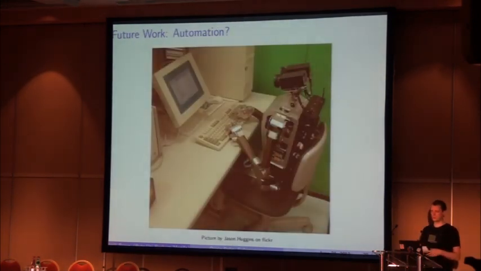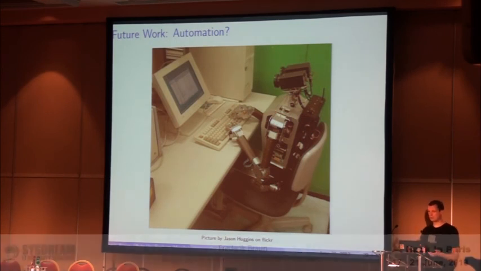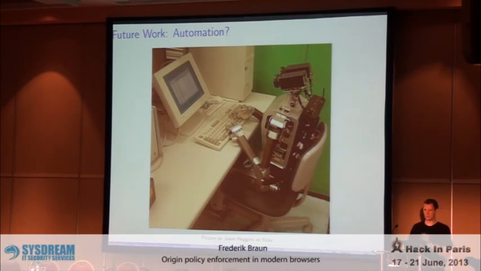Future work. What is there left to be done if you want to look at the Same-origin policy and find bypasses? Maybe it's automation. I'm not 100% sure. Well, I do know that testing in the browser is very easy because the Same-origin policy bypasses are essentially HTML and JavaScript. So you can just do the try-catch thing. And whenever an exception is not caught, you probably found a bypass in your tests. And you don't have to deal with crashes and failover and restarting the browser as you would if you were doing fuzzing.